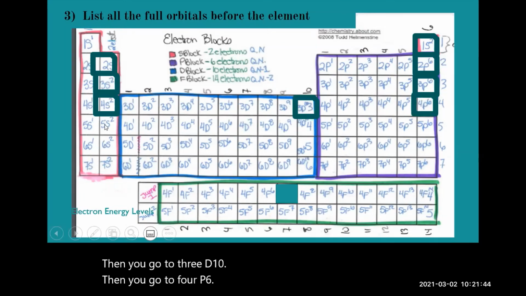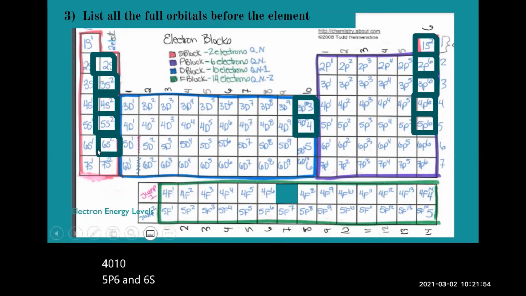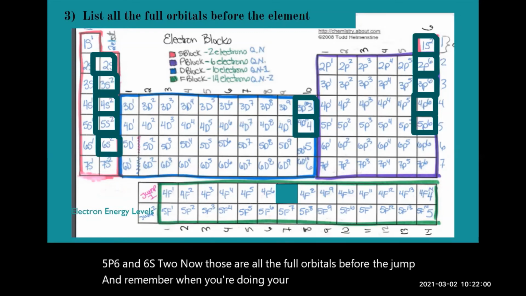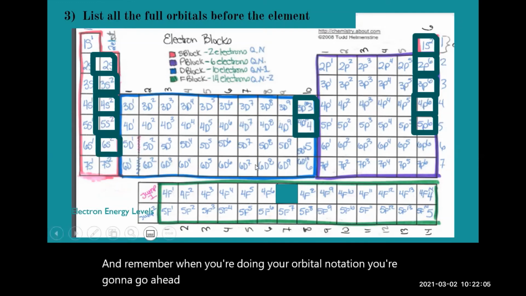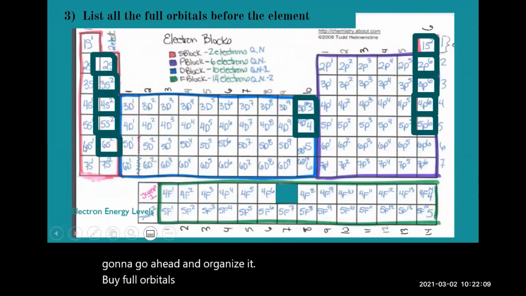Then you go to 5s2, 4d10, 5p6, and 6s2. Now those are all the full orbitals before the jump. And remember, when you're doing your orbital notation, you're going to organize it by full orbitals 1 through 6. But here's the trick when you're jumping down and staying.